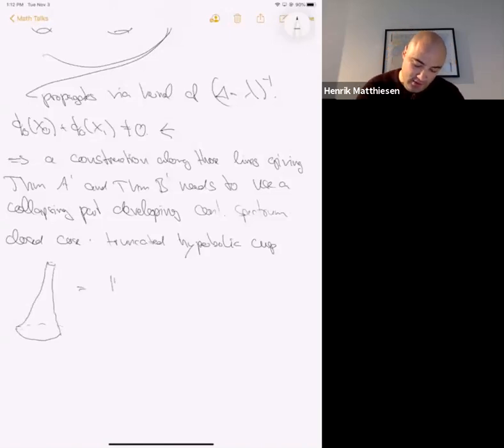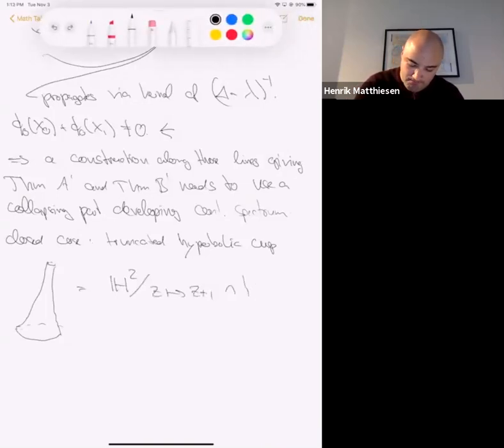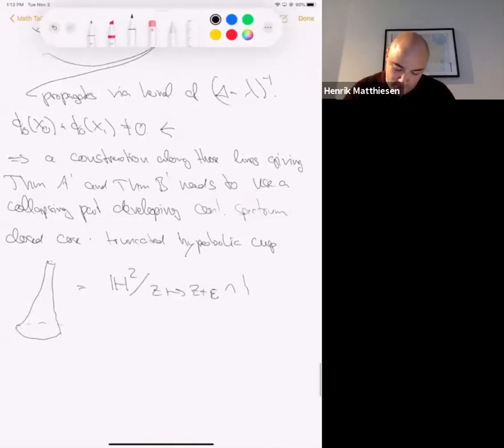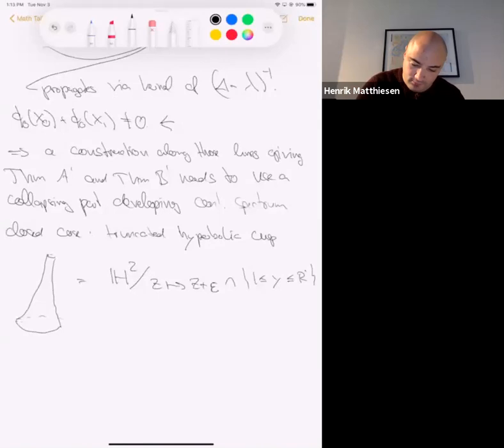It's the upper half plane mod z goes to z plus epsilon, intersected with points where the y coordinate is at most r. So this is height 1 and r, with r of epsilon going to plus infinity appropriately.